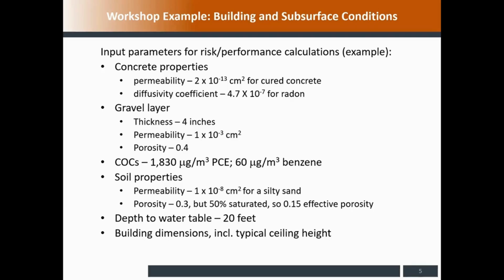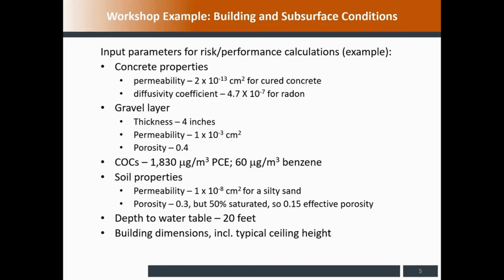These are just examples. Gravel layer, we've assumed a certain thickness, a certain permeability, a certain porosity. Permeability, porosity probably hold true most of the time, but you might have a 6-inch gravel layer or a 12-inch gravel layer. So again, these are just examples for the calculations that Andy's going to go into in more detail.